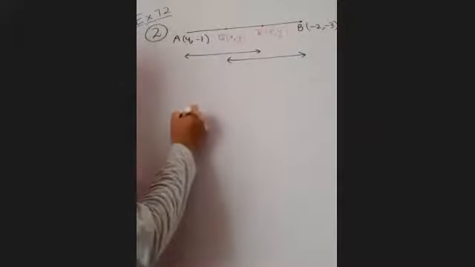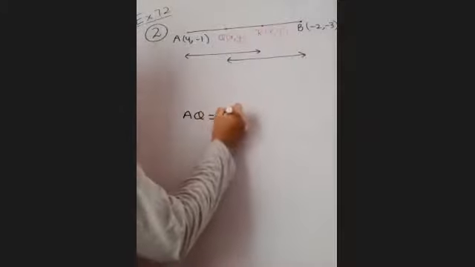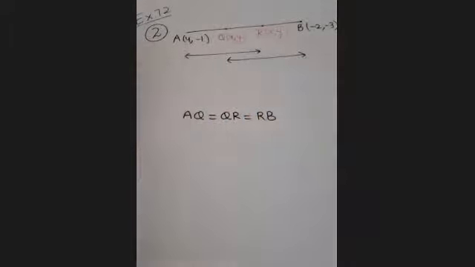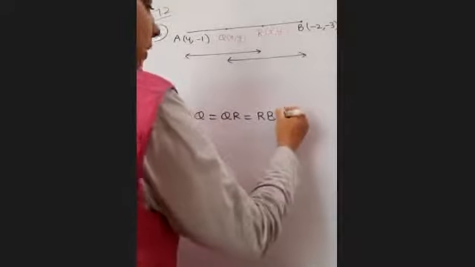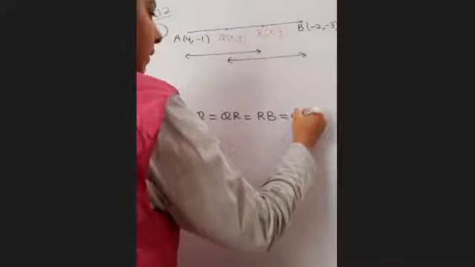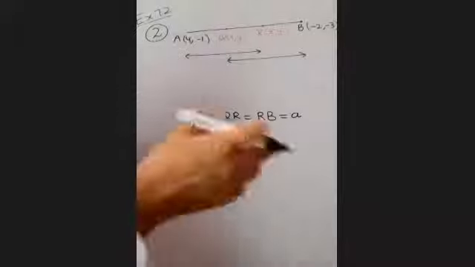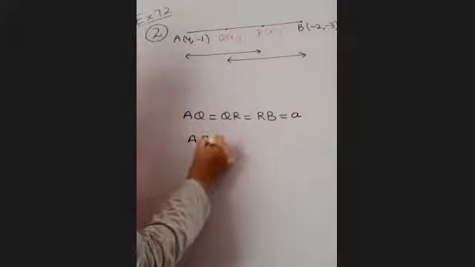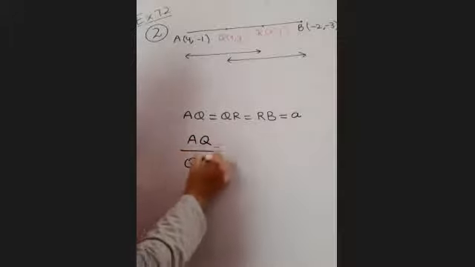If you pay attention here, we have AQ equal to QR equal to RB. The 3 parts are equal, like each part is equal to a. You can call it any variable, I am calling it a. So what will be AQ upon QB?